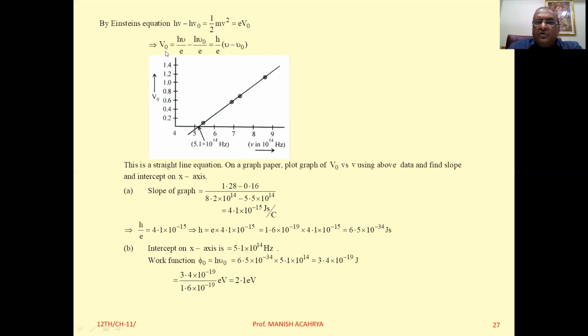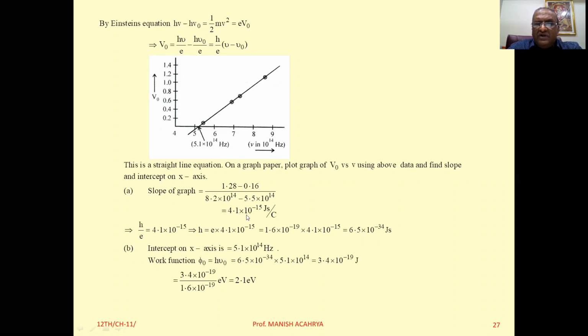So if we draw the graph of stopping potential versus frequency nu, then the slope of the graph will give you H by E, and the intersection at the frequency axis will give you the threshold frequency. So calculate the slope of the graph, that is H by E.